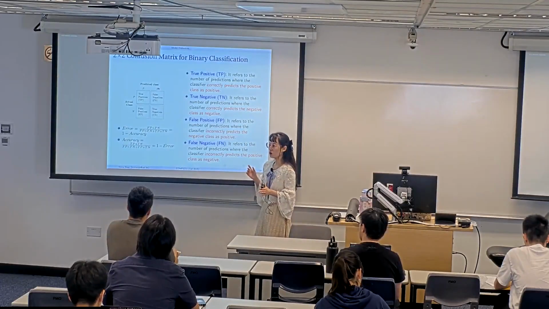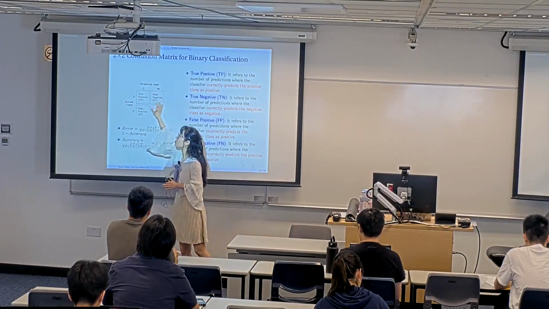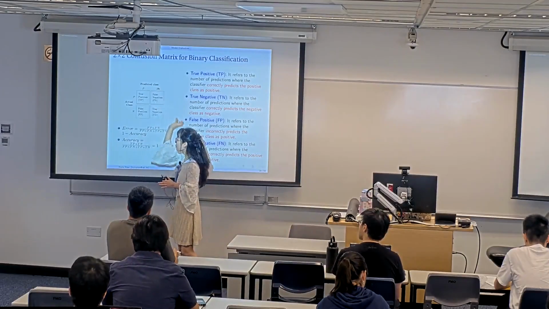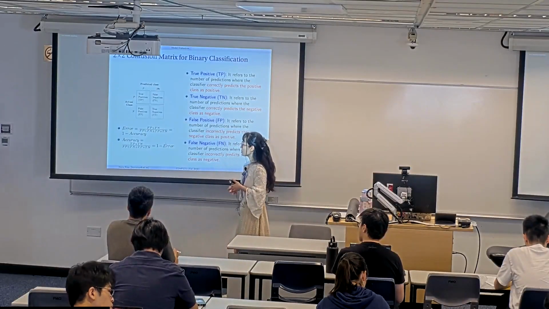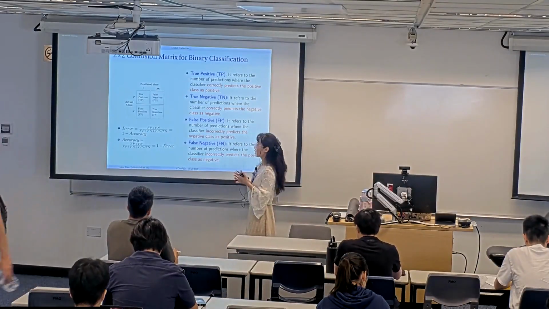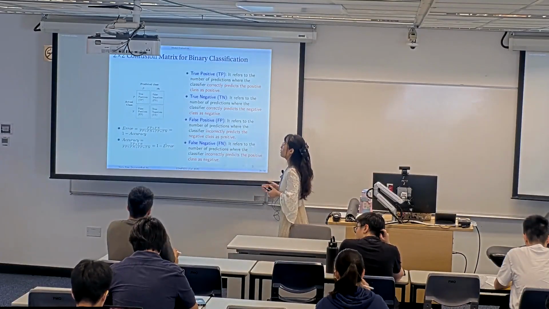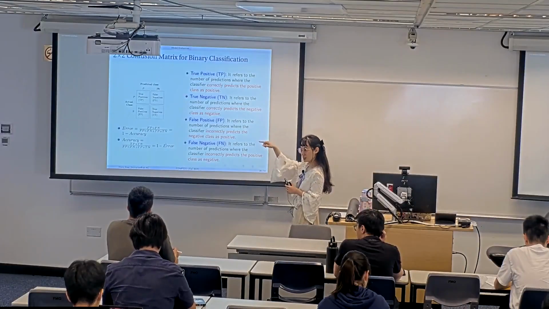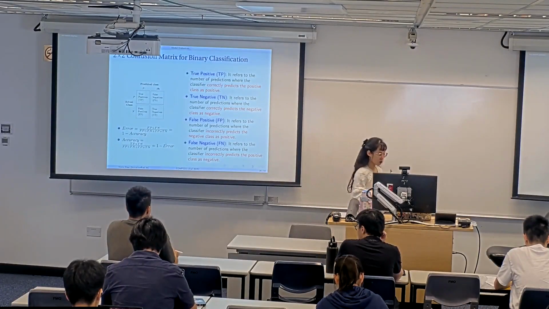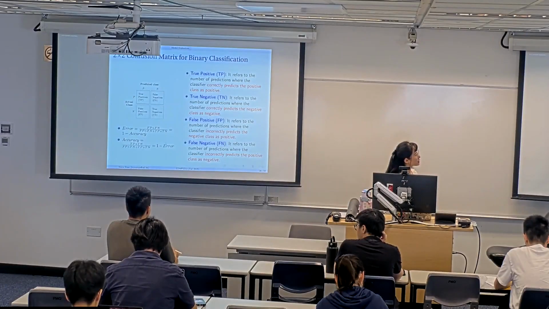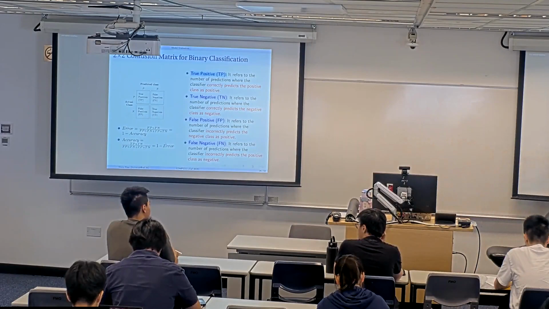So all the possible prediction results can be separated into these 4 entries. We give them some terminology to refer to the 4 cases: true positive, true negative, false positive, and false negative. They lie in these 4 entries. So let's check what their meanings are. True positive lies in this entry.